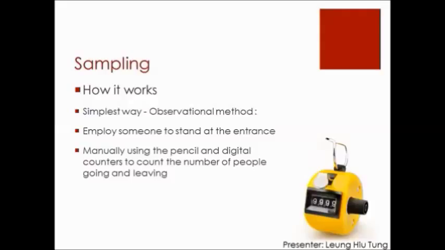When sampling is used, manpower becomes an important factor. There should be someone staying near the entry or elsewhere for counting. Those people may use a counter manually so that the number of people going or leaving can be recorded.